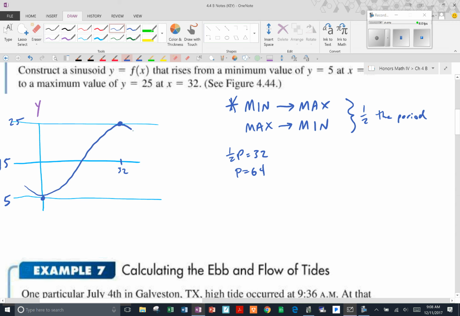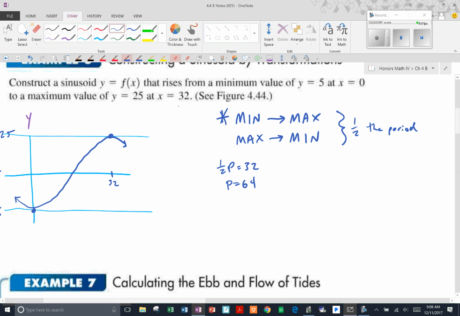Would it be 64 pi? No, because it just says 32, it doesn't say that this is 32 pi. So what we're going to end up having is a pi in our b value. So let's find our b value next. We know that b is 2 pi over the period, or in this case, 2 pi over 64, which is pi over 32.